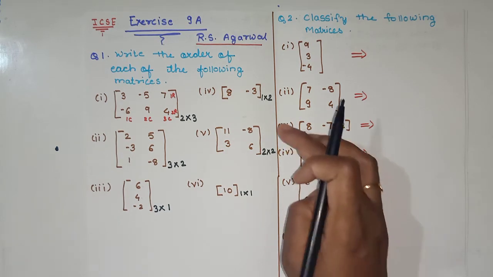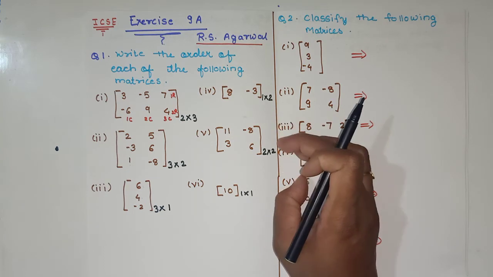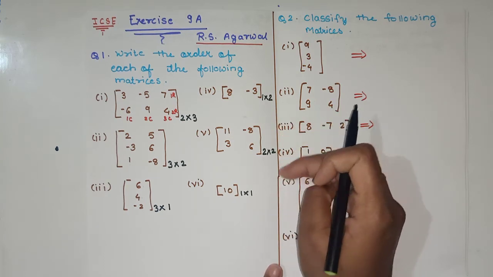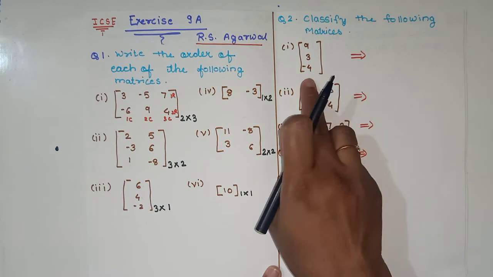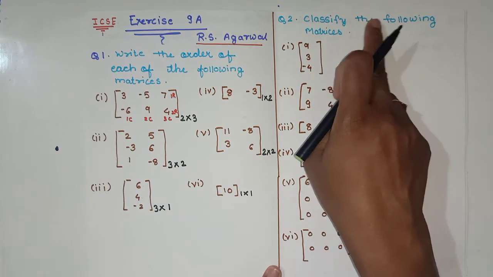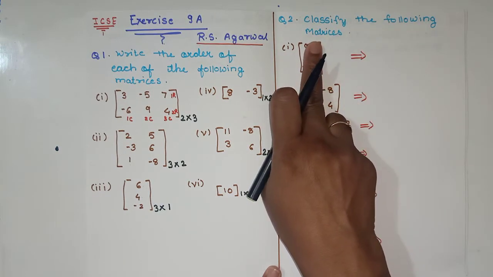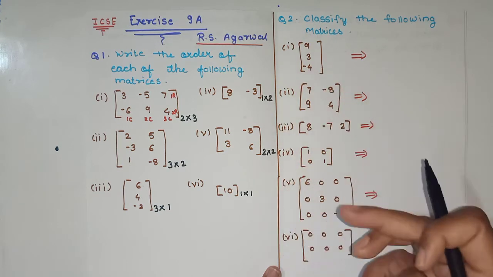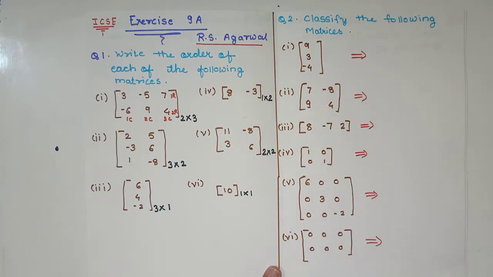Then let's see the second question. In the second question, you have to classify the matrices. Classify, in the sense, you have to tell which kind of matrix that particular matrix is.